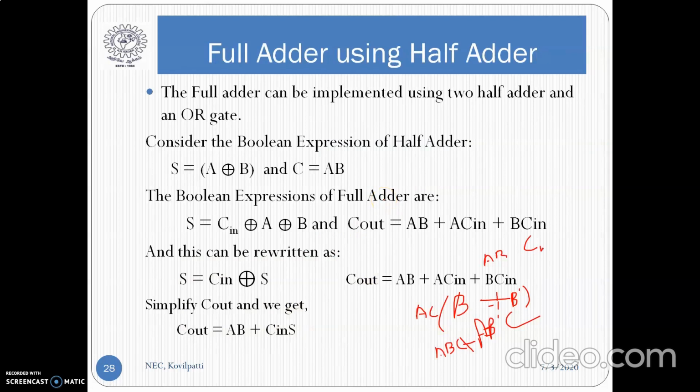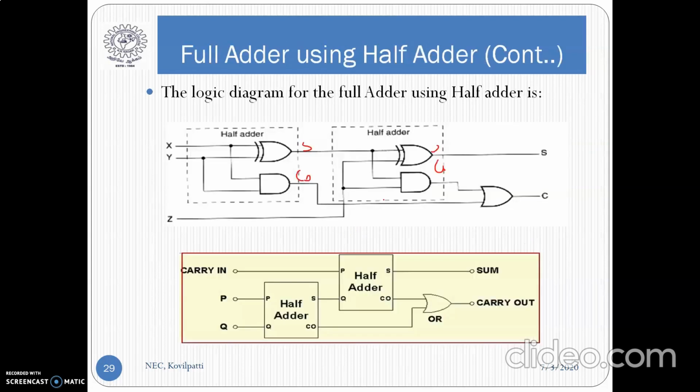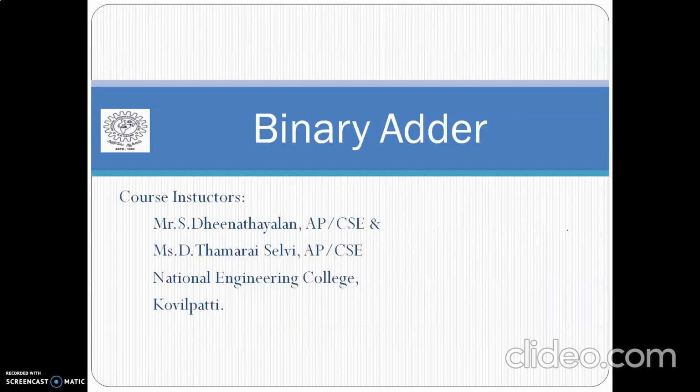Cin S plus AB, that is our Cout. So that we have to consider, and we have to get this. Yes. So this is the full adder implementation using 2 half adders.